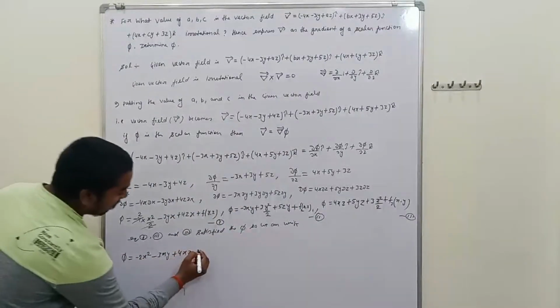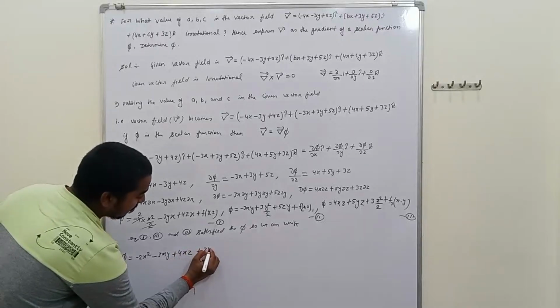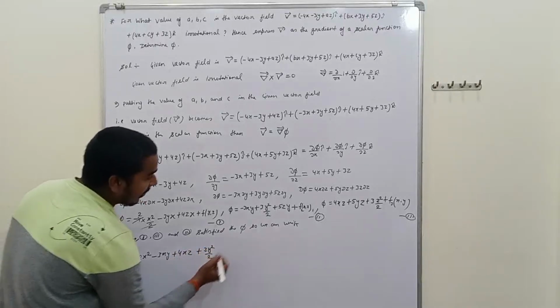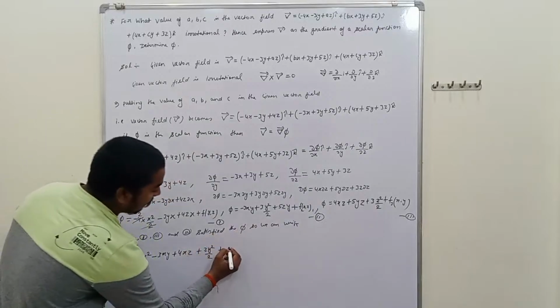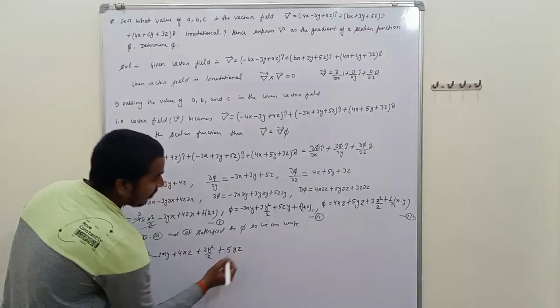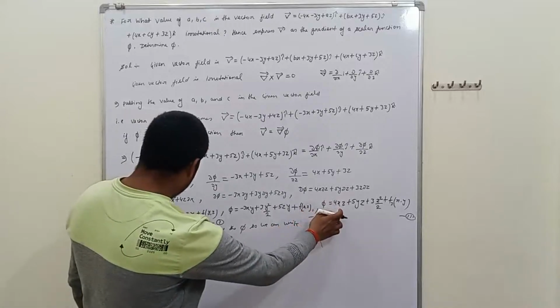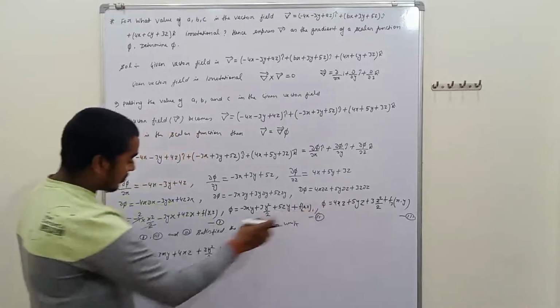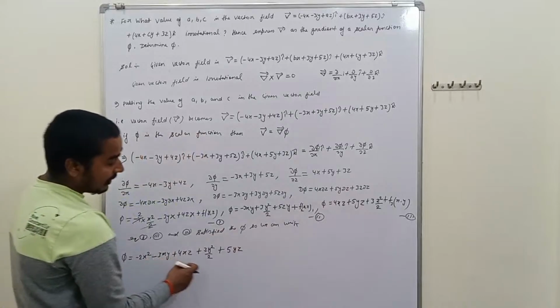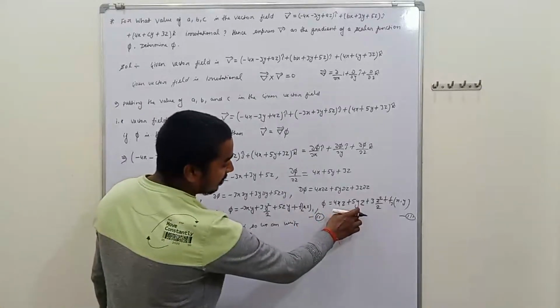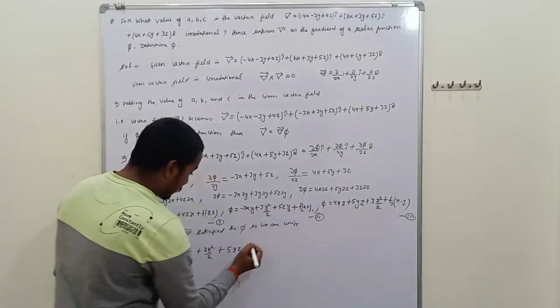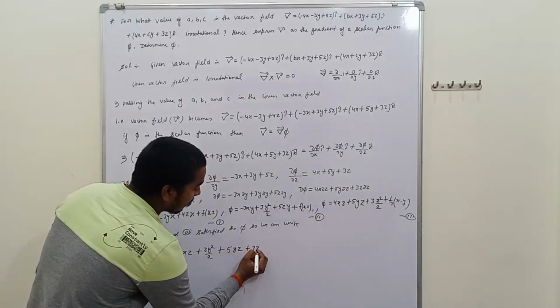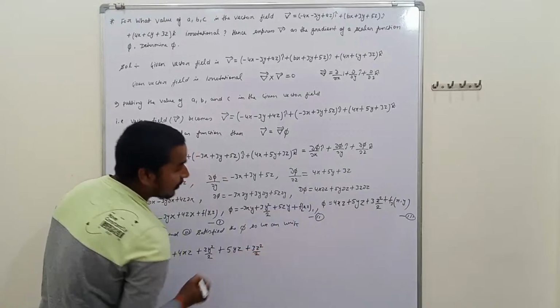Then -3xy + 3y²/2 + 5yz. The 4xz is ignored since already written, and yz is also ignored, and we write in the second part +3z²/2.